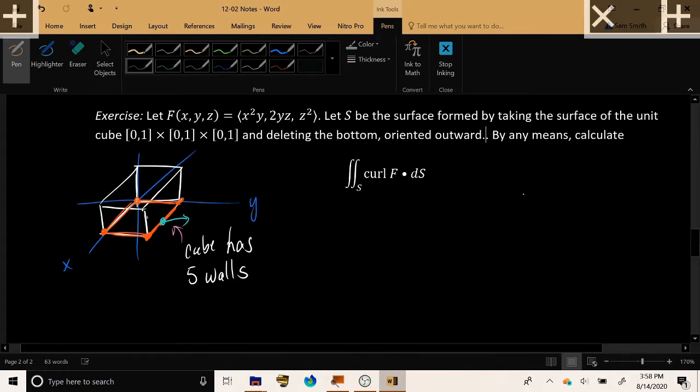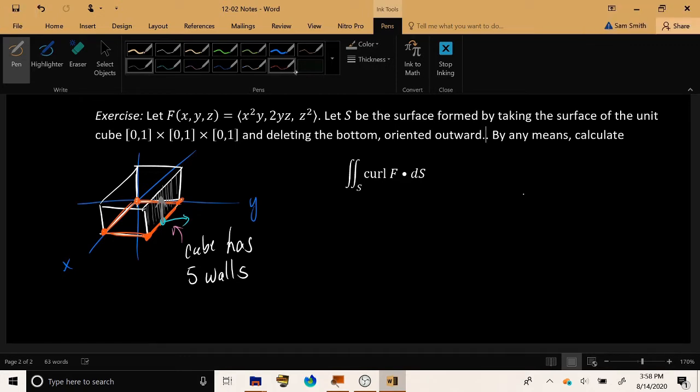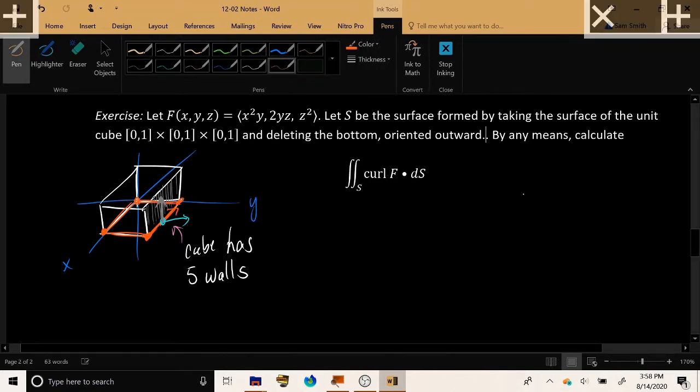So let's see what it would take in terms of orientation of the boundary curve for us to have our head pointing in the direction of the normal vector and to have the surface on our left. I think that if I point my thumb in the direction of the normal vector and my middle finger curls toward that gray vector, that forces my index finger to point in the direction indicated by the red arrows that I'm drawing. Here is the orientation of this curve C.